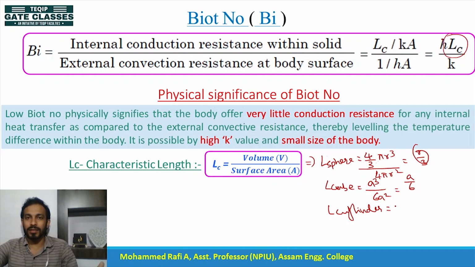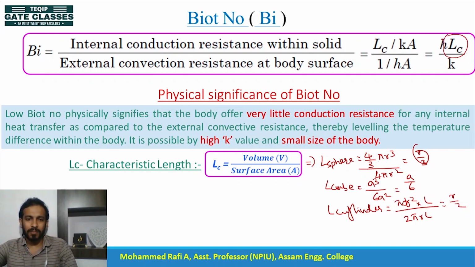In the YouTube comment I told them that if the length is very long, we can omit the end surface because convection through that surface will be comparatively very small, right? So for a cylinder, what is the volume? Pi r square times L. What is the surface area? 2 pi r into L. So it will be r divided by 2.